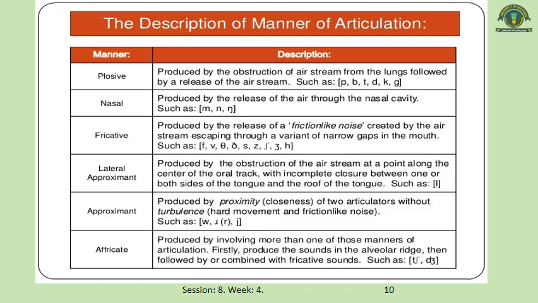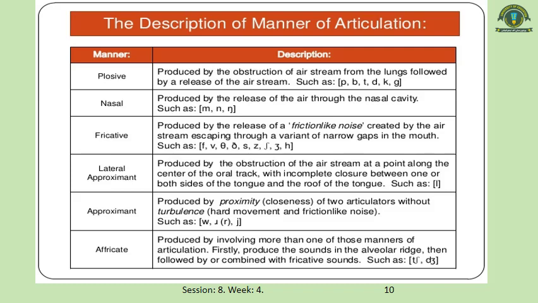This is what I was telling you. That's why they were in one box. Both the captions, fricative and affricate, were in one box, but separately mentioned. And the sounds are ch, j. Are you getting my point?